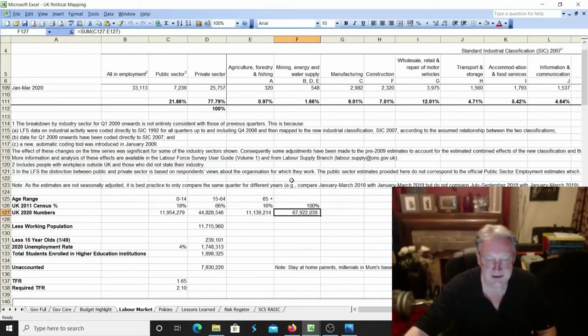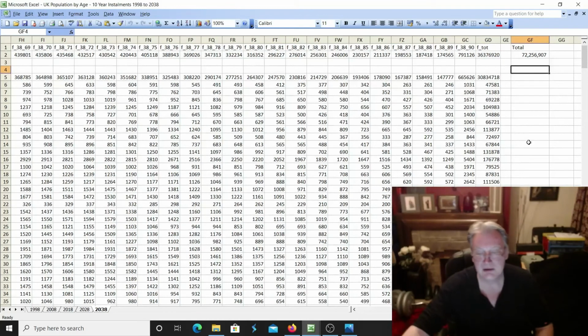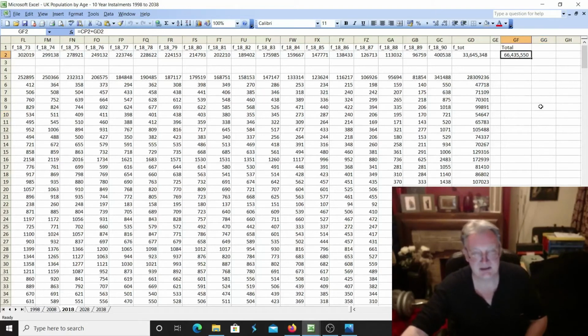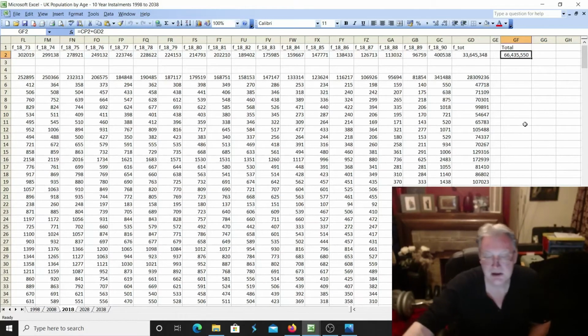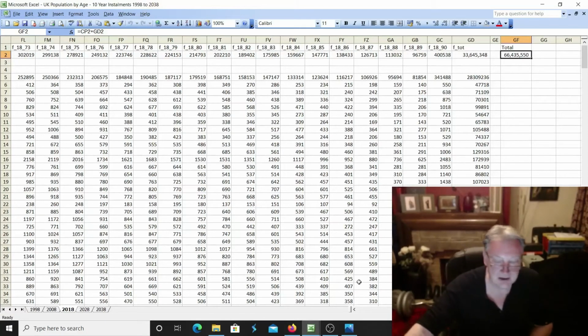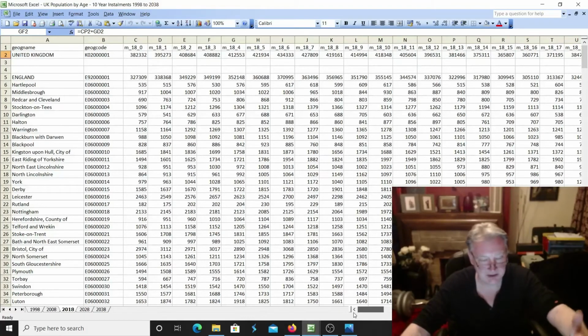Slight issue with that is that we also have this, which is the closest number, and that is going to be the 66 million that was estimated from 2018. Again, this is ONS data, the full extent of the numbers here, and that is based on where everybody comes from within the UK.